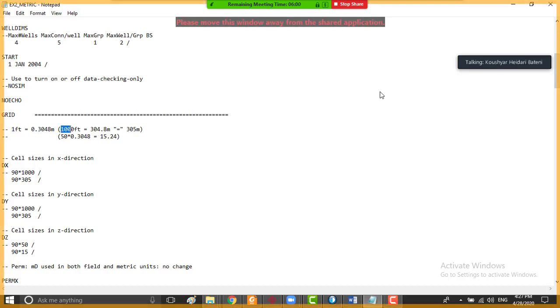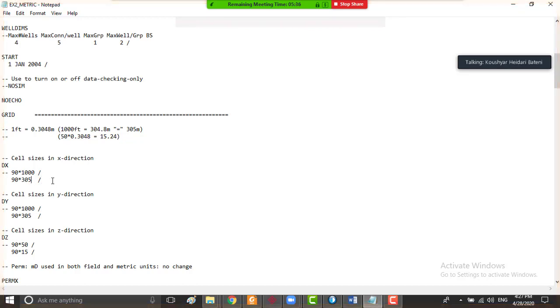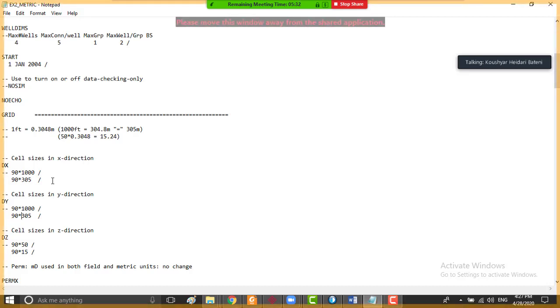So 1000 feet is approximately equal to 305 meters. So here, when I want to do the conversion to the metric system, 1000 feet becomes 305 meters, and 50 feet becomes 15 meters, right?